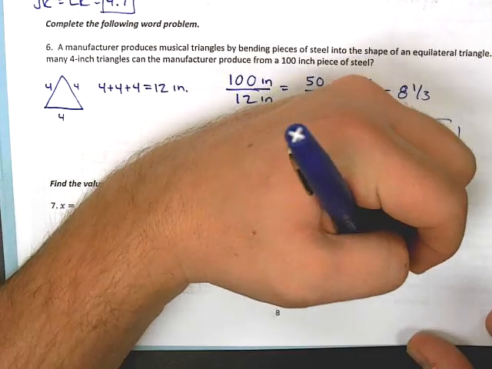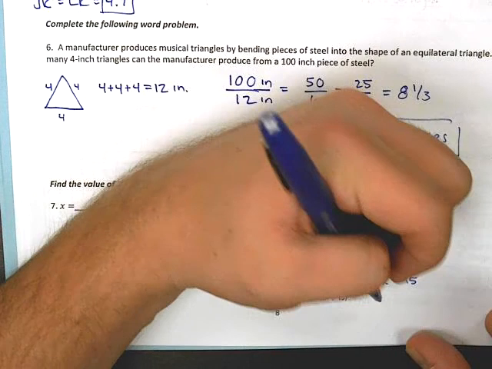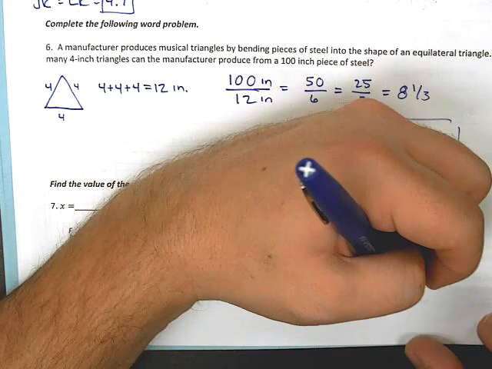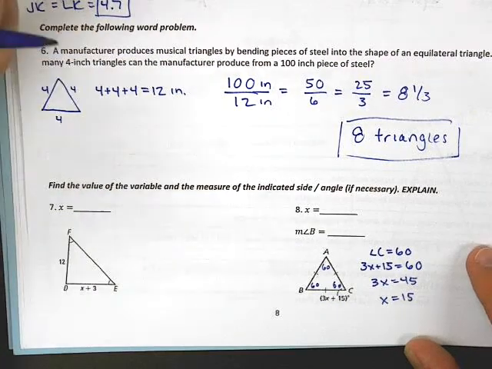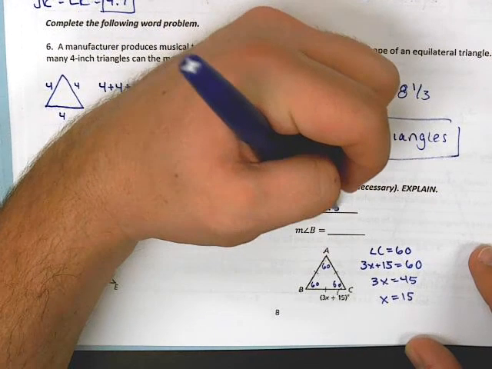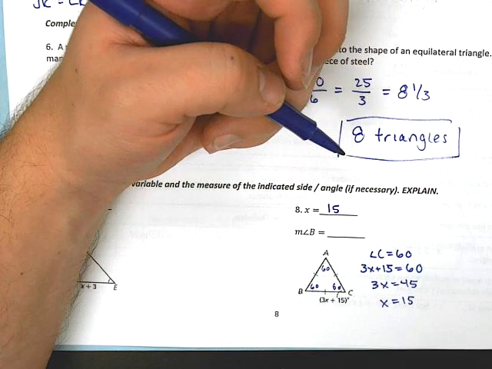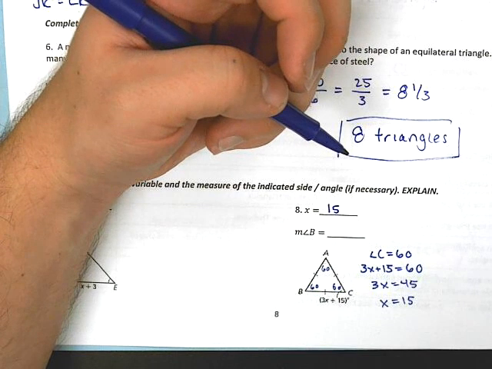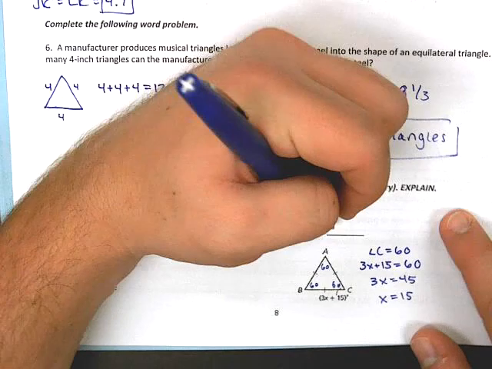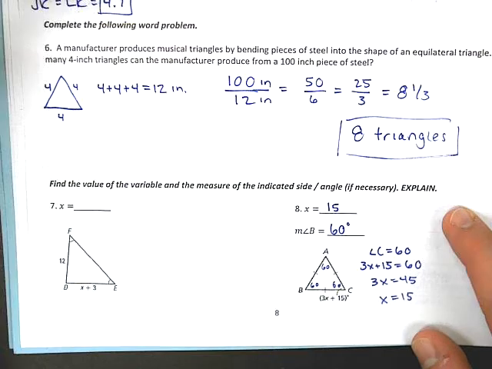So 3x is equal to 45, x equals 15. All right? So I put 15 for x. Measure of angle B, do I have any other work to do here? No, I don't think so. I think I would just say that this is 60 degrees.